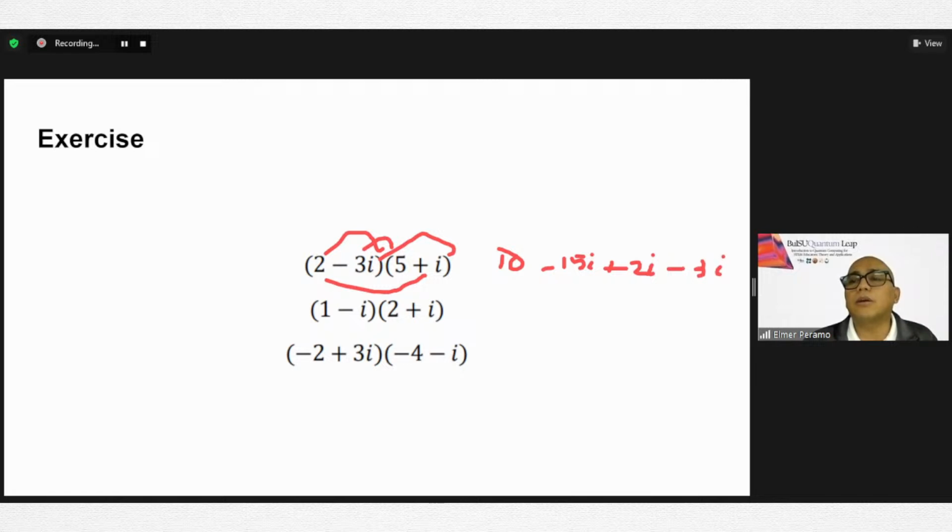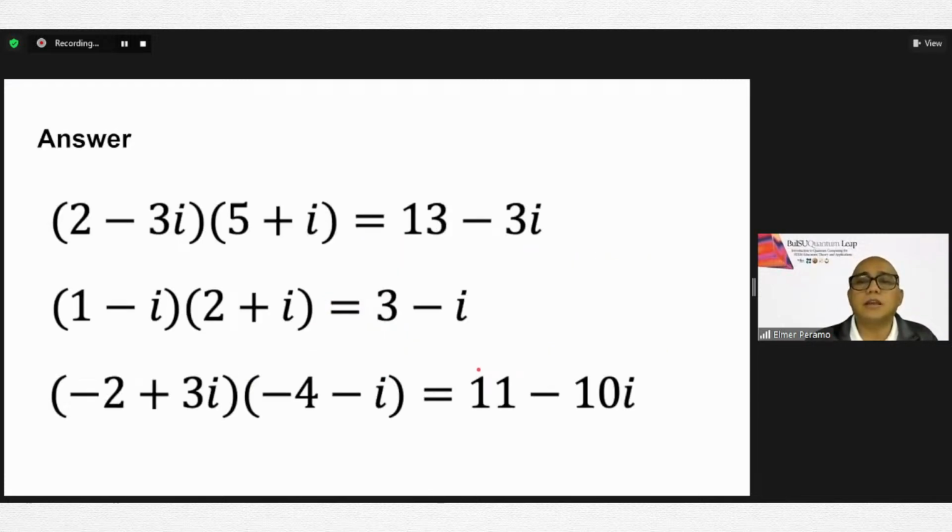So this one is 10. Negative 15 plus 2 is negative 13i, minus negative 3 is plus 3. So 13 minus 13i. That's the final answer. Let's see. Okay. Got it right.